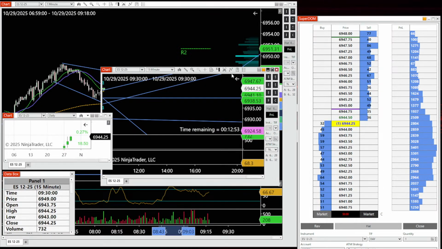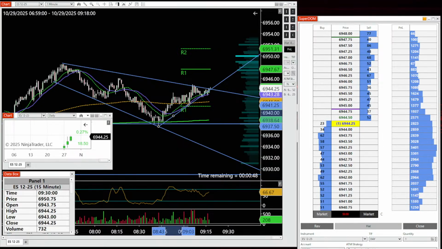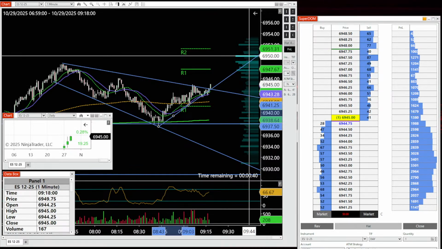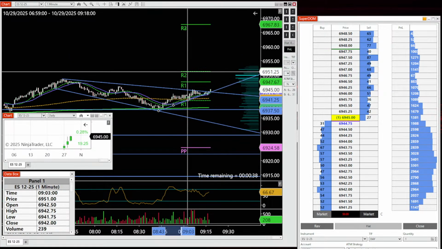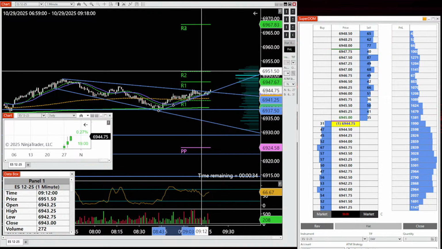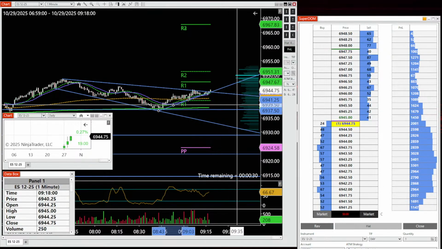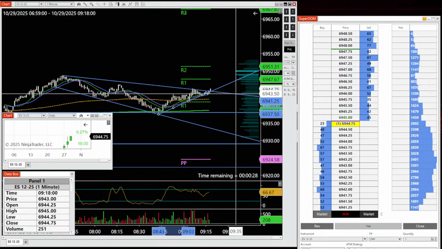If we get over 50, see if we can get up to the next resistance of R2, which is about 51. We want to get above that. It may happen at the end of the day, if we get this push.